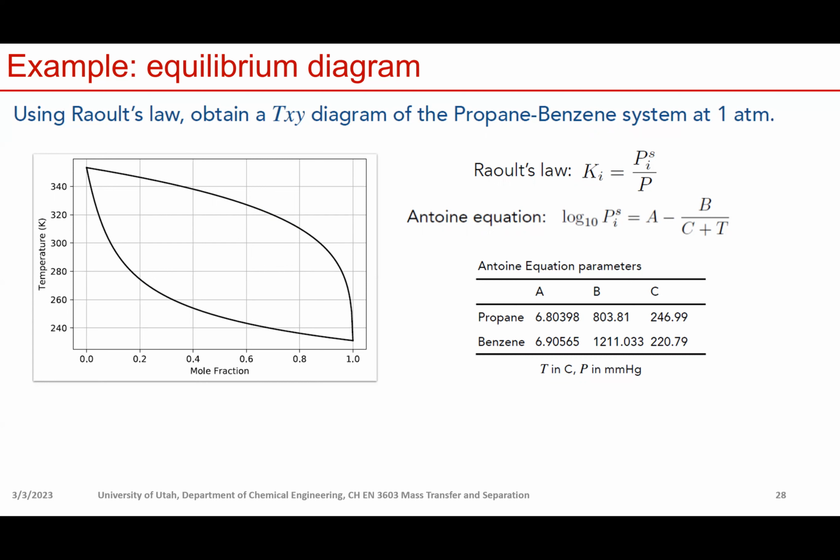Then you move on to the next composition, do the same, and get 2 more points. You do this until you have enough points to give you confidence to draw a line that connects all the points. Then you get an equilibrium TXY diagram. Conceptually it's the same, but numerically it takes some time. But if you can write an algorithm to do it for you, then it shouldn't be that difficult.